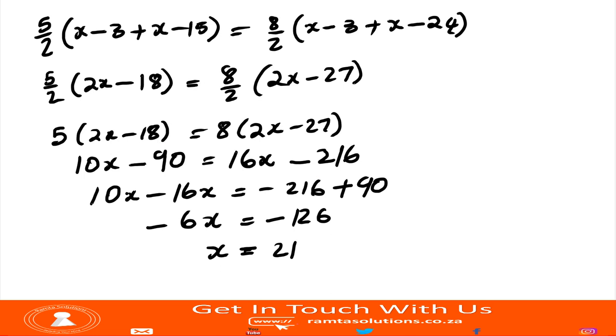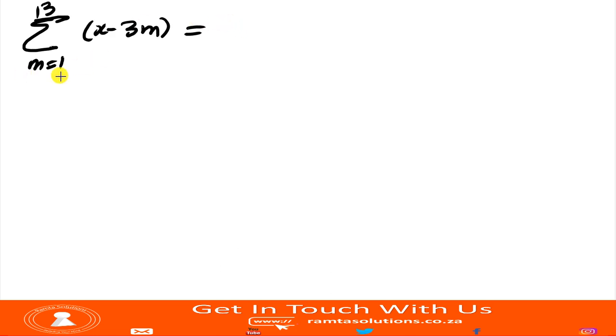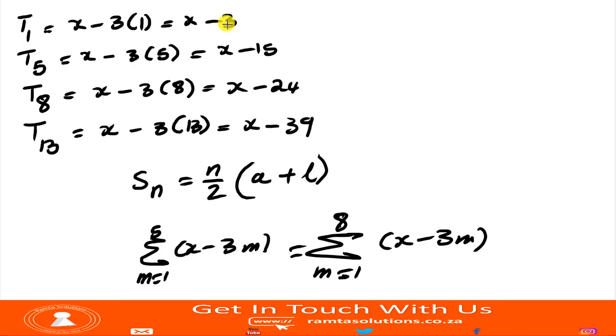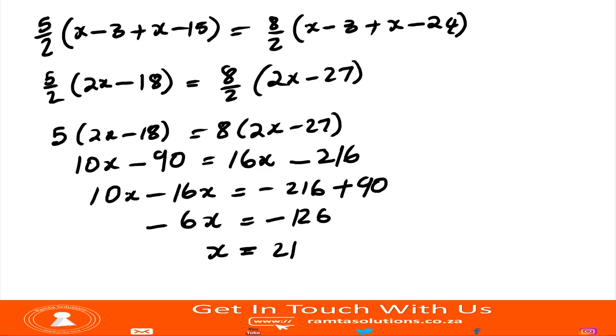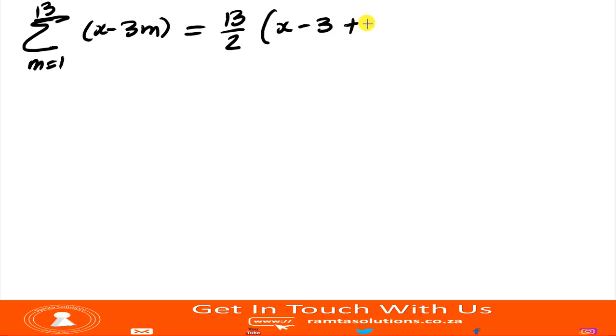From 1 to 13, we have 13 terms. The first term was x minus 3. Our 13th term was x minus 39, which is the last term in this notation. Simplifying what's inside the bracket, we have 2x minus 42.